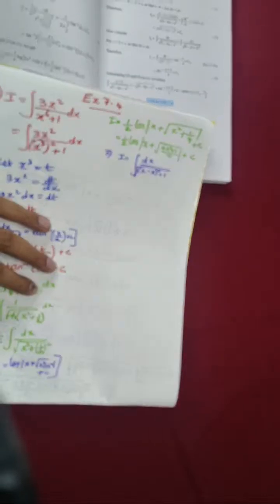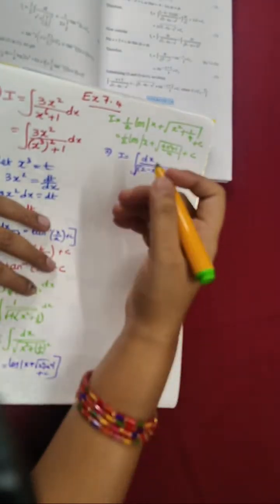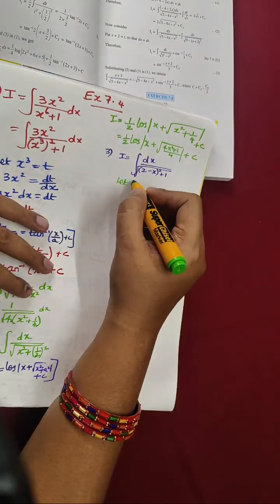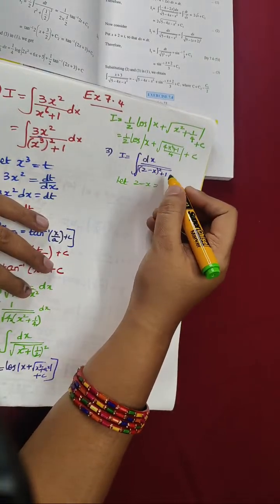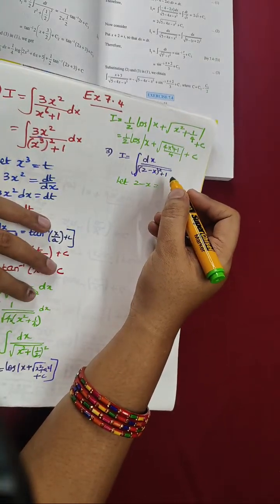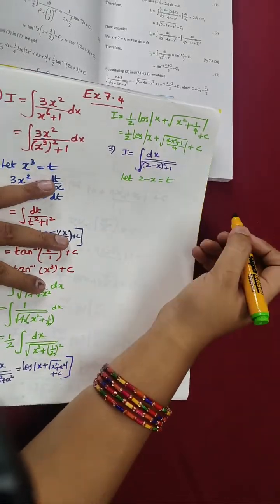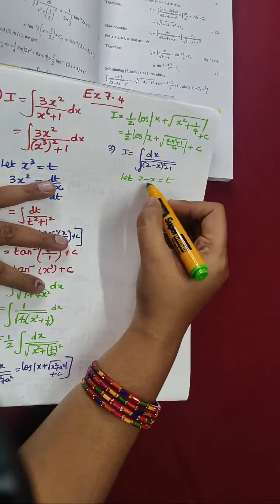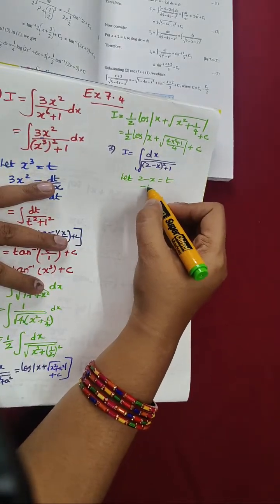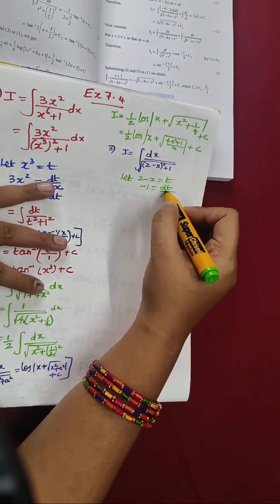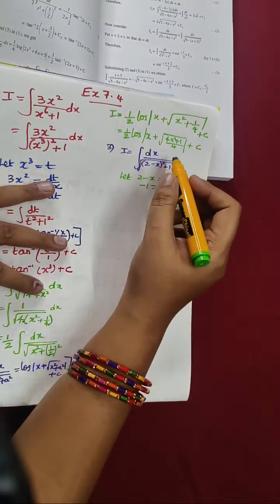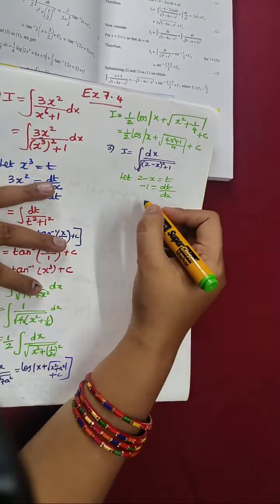So now let 2 minus x equal to t. Don't take the power, because we need power 2 in the denominator for using the formula. So just take 2 minus x as t. When you differentiate, you will get minus 1, because with respect to x only we are differentiating. In the question we don't have the negative, so take that negative to the left side.